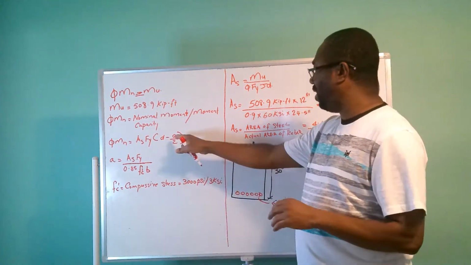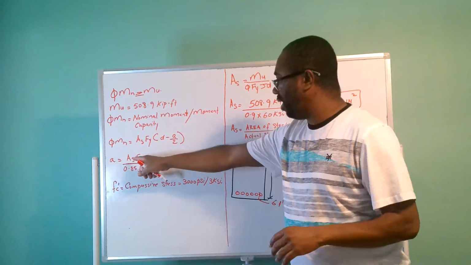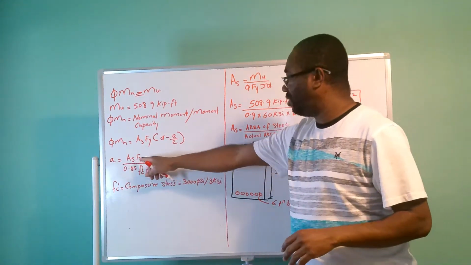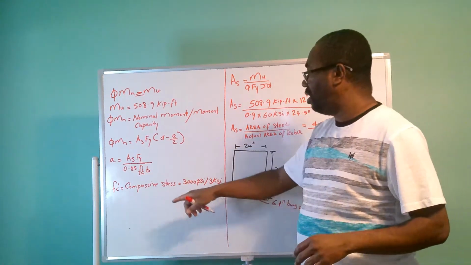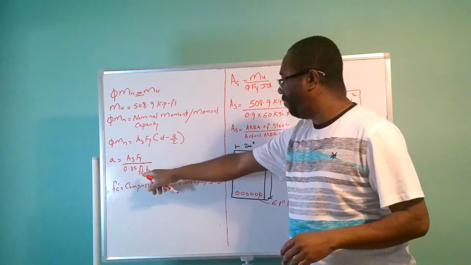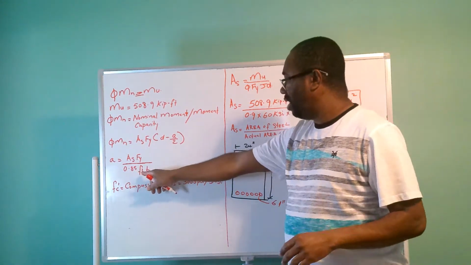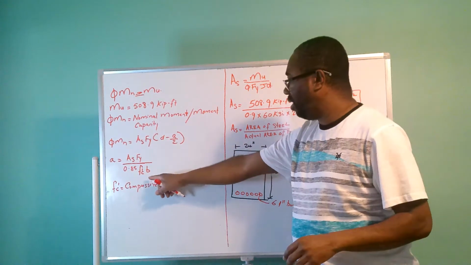To calculate a, it is the area of steel times the yield stress of steel over 0.85 times fc prime times b.